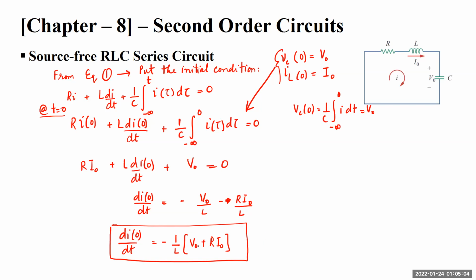So this is a simplified form of a first order differential equation, and from our initial analysis in chapter number 7 of this textbook, where we solved the first order circuits, we are aware that first order differential equations have a certain form of solutions.